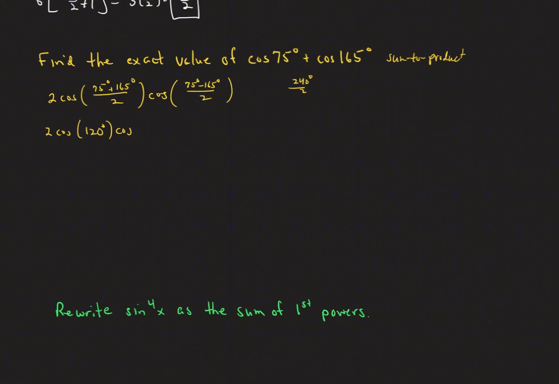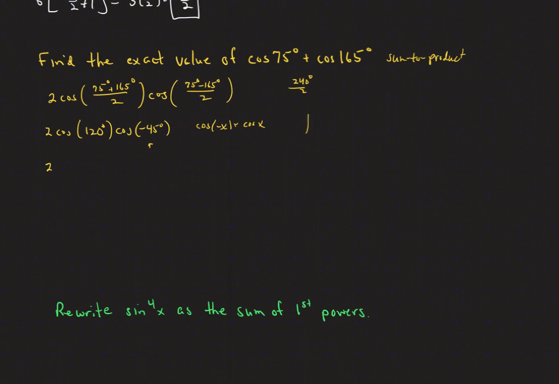Negative 90 divided by 2 is a negative 45 degrees. So we can do negative 45, or we can use the fact that cosine is an even function, so it will just absorb that negative sign, and the cosine of a negative is the same as the cosine of a positive. So I'm going to go 2.